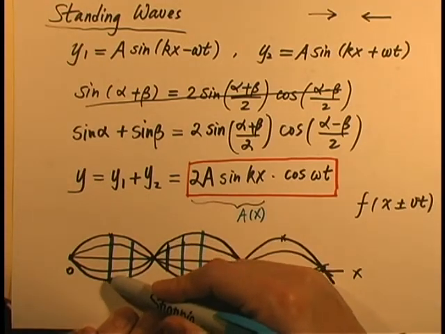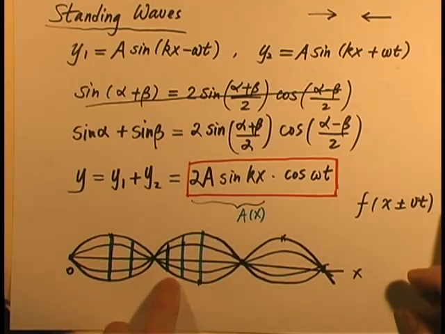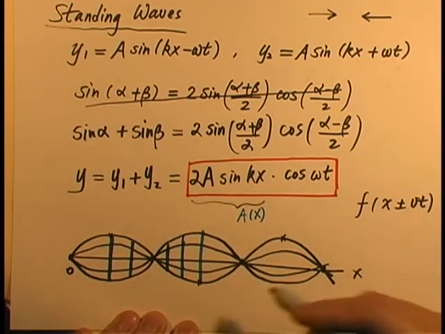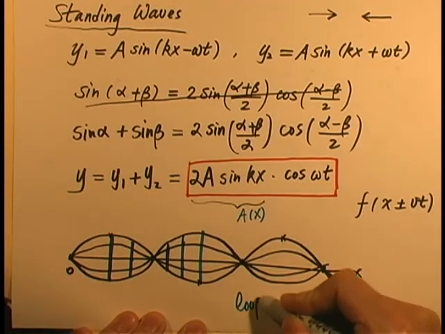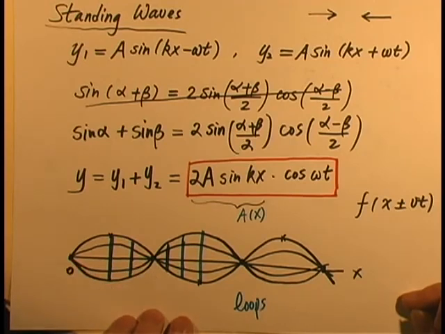Now, if you focus your attention on the wave pattern, you find that they're made of distinctive loops this time. Loops. Each loop has a certain length, which we'll figure out in just a minute. But the thing is, those loops never move, right?